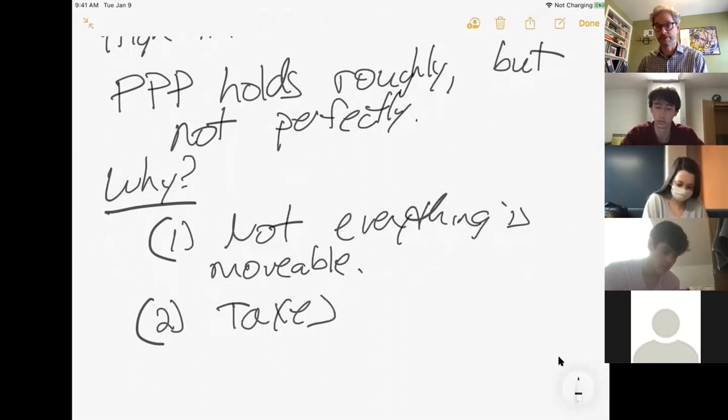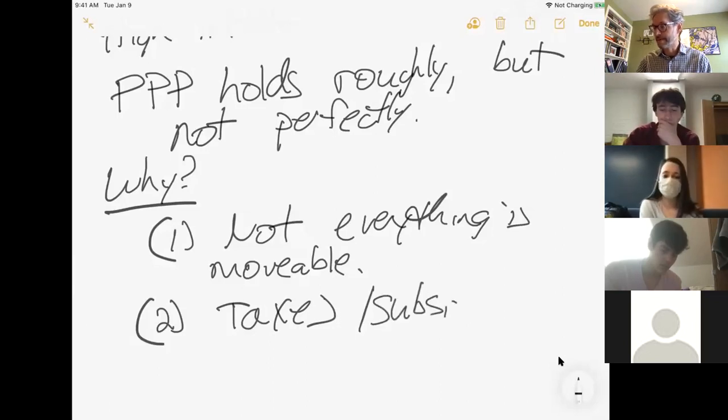That's the biggest factor between Iowa and Illinois, is that Illinois has much higher fuel taxes. Iowa actually has low taxes, and we also subsidize our fuel through ethanol. So Iowa has cheap fuel, largely because of government policy. So the fact that there are government subsidies and taxes sometimes distorts purchasing power parity.